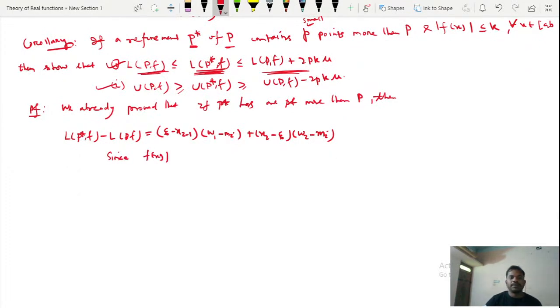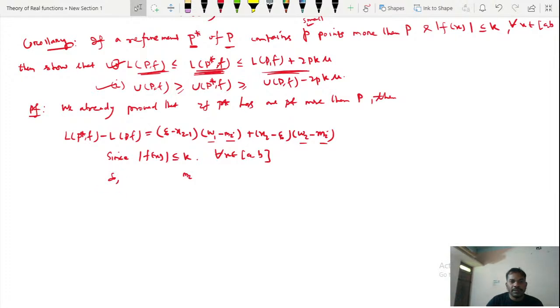Since f of x is bounded by k for all x belonging to the closed interval AB, these values w1, m i, w2 are infimum values of f, so they also lie between minus k and plus k.